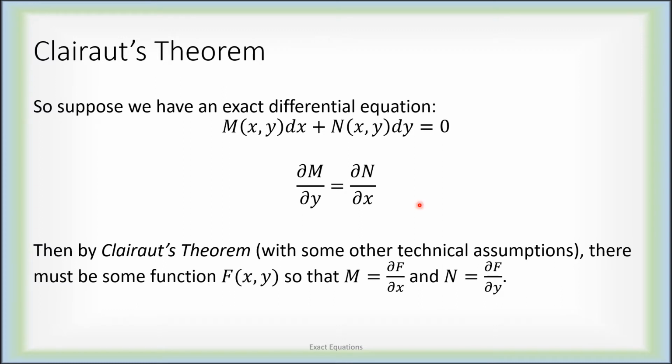Pay attention to what variable occurs where. M is the function with dx, N is the function with dy. If the M y derivative equals the N x derivative, then M is the x derivative of F and N is the y derivative of F.